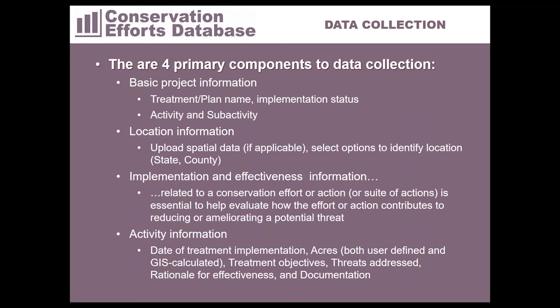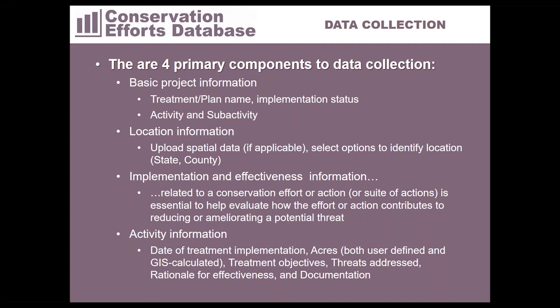So providing a high-level overview of the data collection, there are four primary components. The first would be basic project information. Now you'll hear me use the word project. When we say project, we mean it in a general sense. To be very clear, we're actually looking for treatment level information.